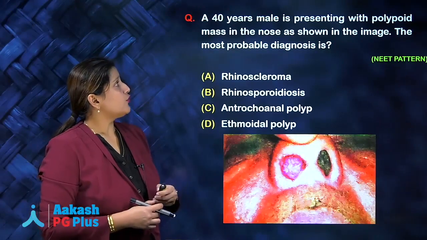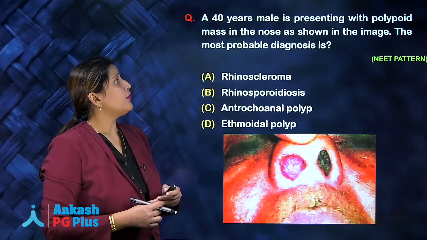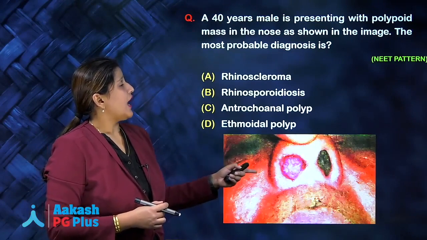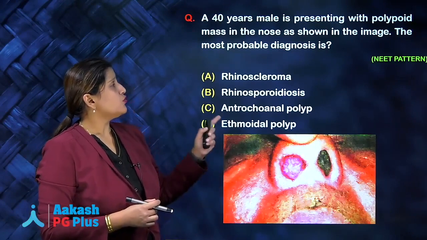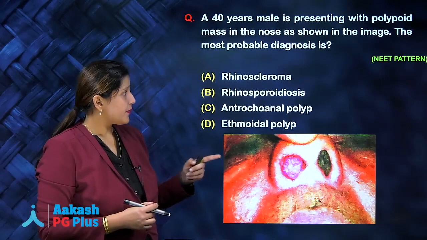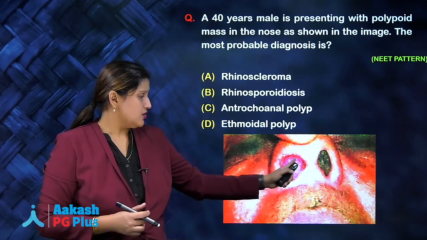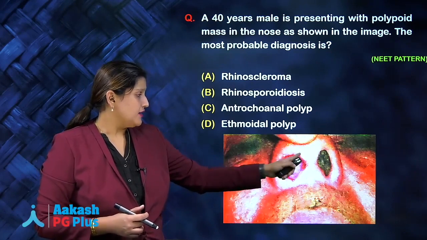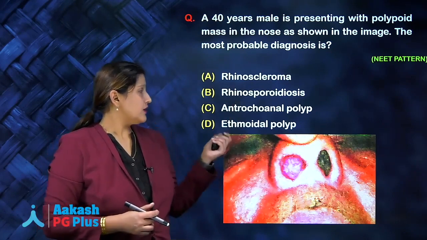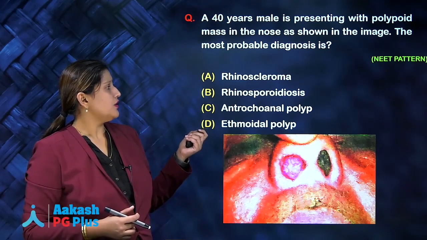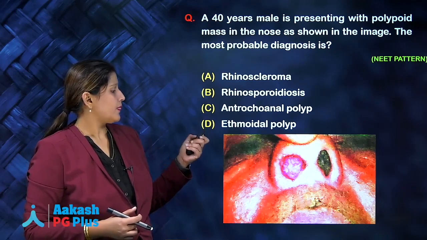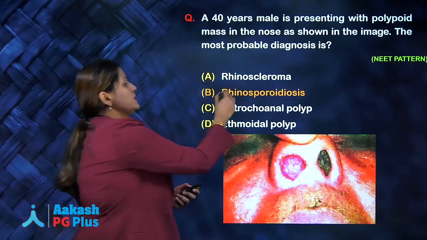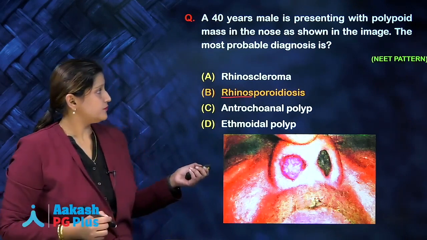A 40-year-old male presenting with polypoidal mass in the nose as shown in the image, the most probable diagnosis is, you see this is a strawberry type of appearance with white dots over it and spores seen. This condition is rhinosporidiosis.